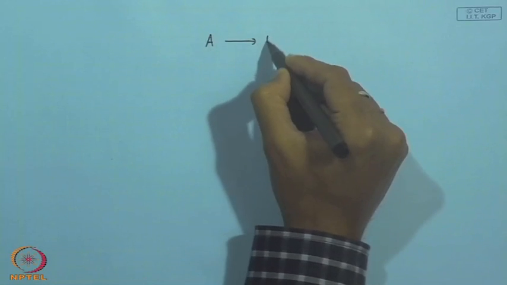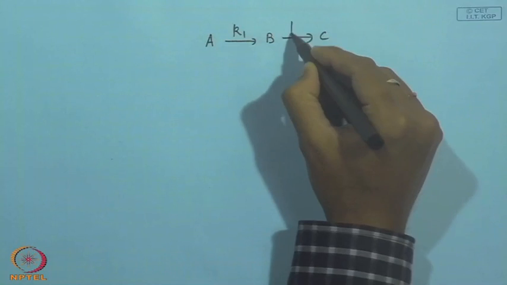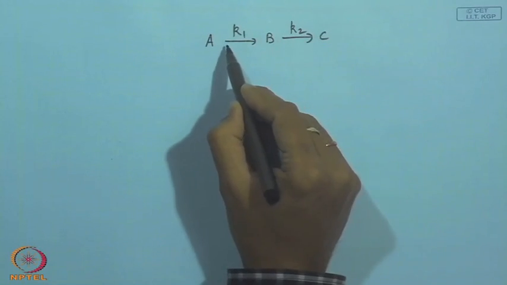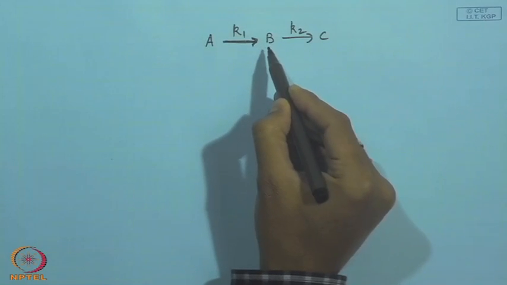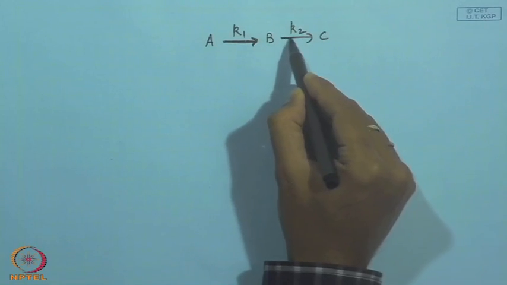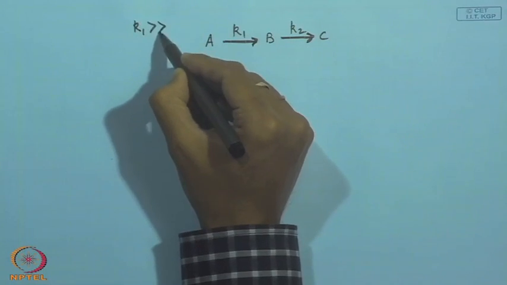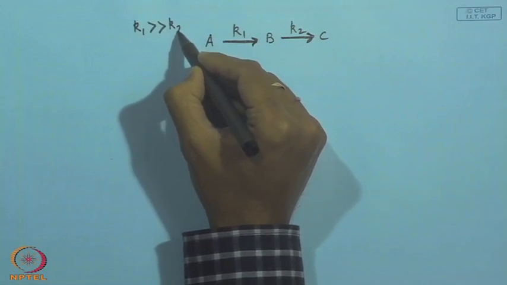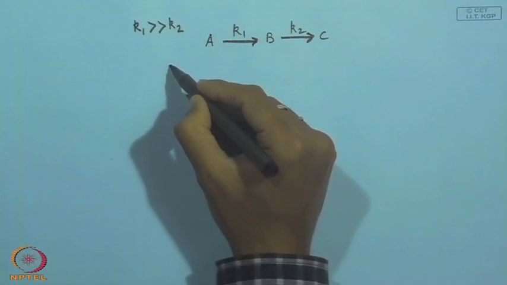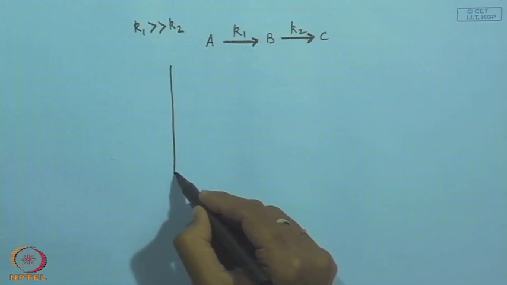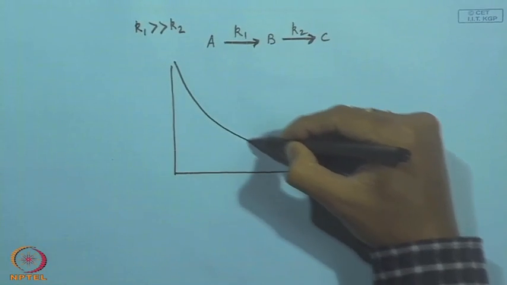So, A to B to C, K1, K2. So, that means this is very strong, this is relatively weak, that is why K1 is very much greater than K2. Okay. So, what will happen if we plot? A will be as usual with a decaying trend.